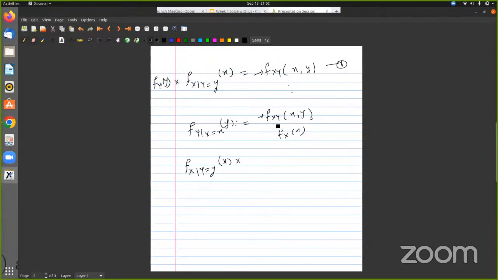Similarly, equation 2 will become like this, into f_X(x), equation number 2. If you see here, the right hand sides of both these equations are the same. That means the left hand sides will also be equal.